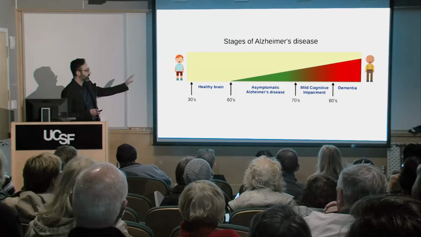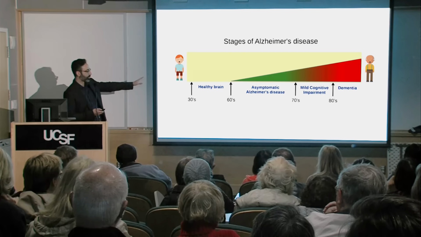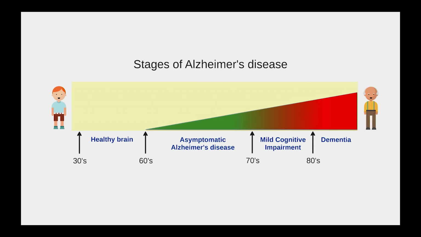Supposing that this is one person in the span of their life, from say 30 years old, healthy and nothing going on, to when they are 90 and maybe have Alzheimer's disease. It seems there's a gradual progression where the disease starts affecting the brain way before we can detect any sign.